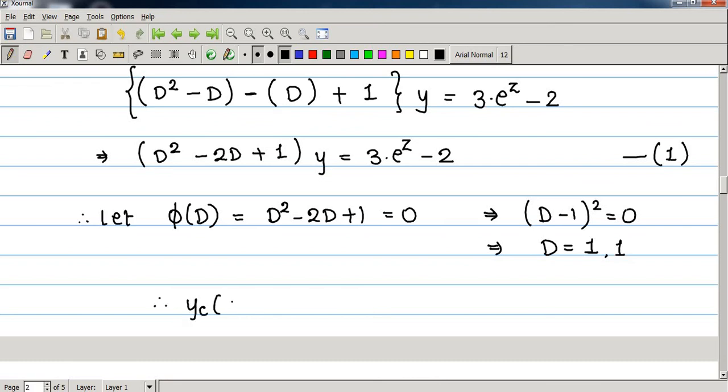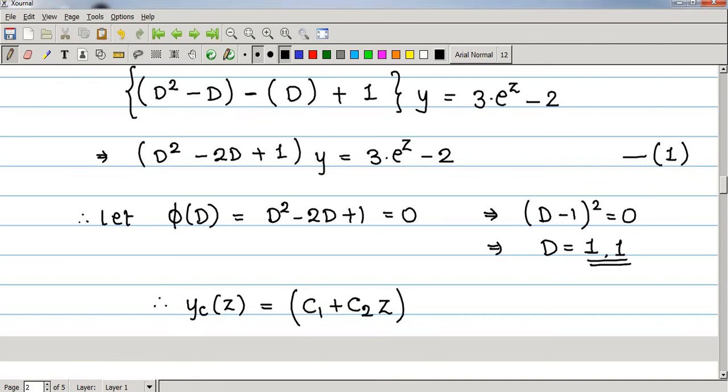Therefore your complementary function in terms of variable z will be c1 plus c2z into e raised to z, since your root is real and repeated. So the multiplicity of the root is represented by a linear combination of arbitrary constants in increasing powers of the independent variable z into e raised to z.